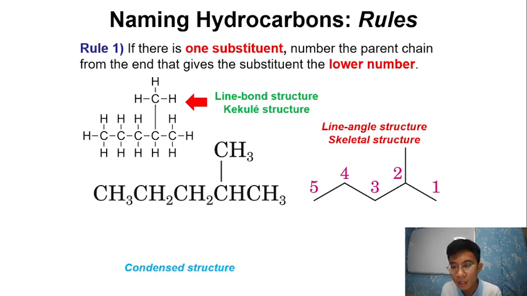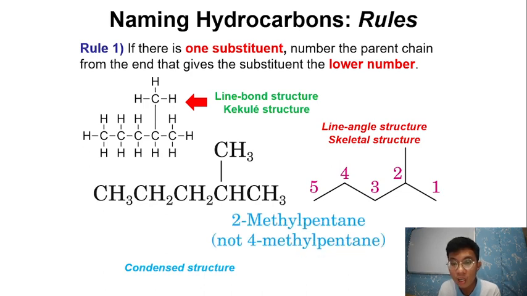Nasaan si methyl? So, di ba nga, ninumberan natin yung ating parent chain. So, 1, 2, 3, 4, 5 from kanan to kaliwa. So, yung methyl group pala natin ay nasaan? Sa carbon number 2. Now, you assemble everything. So, assemble the information that you have. Then, the name will be 2-methylpentane.